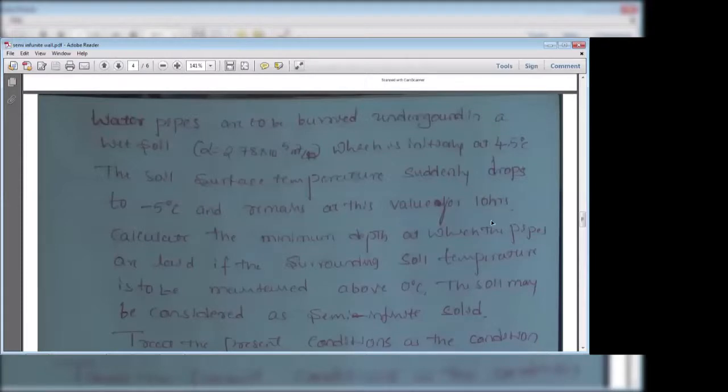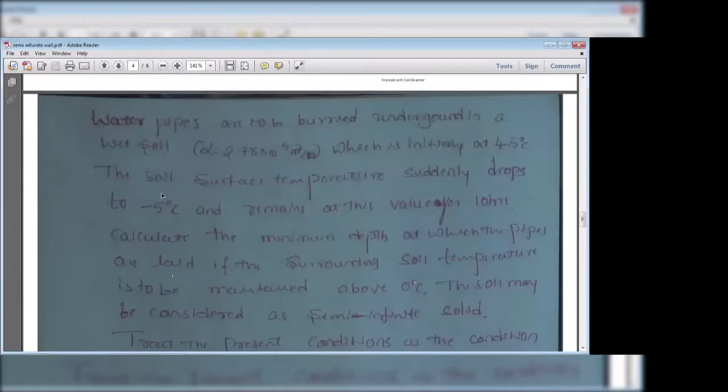The time is given: it remains at minus 5 degrees Celsius up to 10 hours. Calculate the minimum depth at which the pipes are buried if the surrounding soil temperature is to be maintained above 0 degrees Celsius.